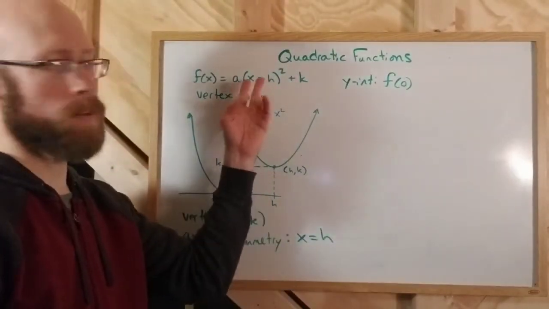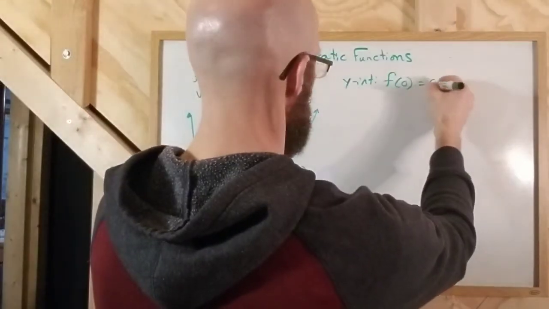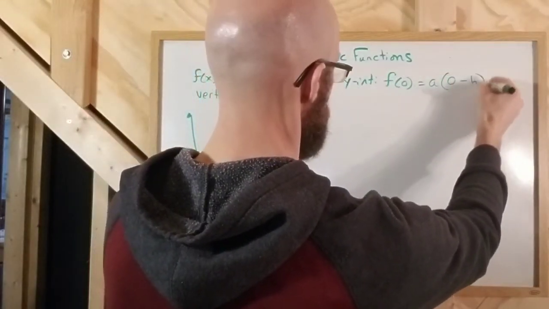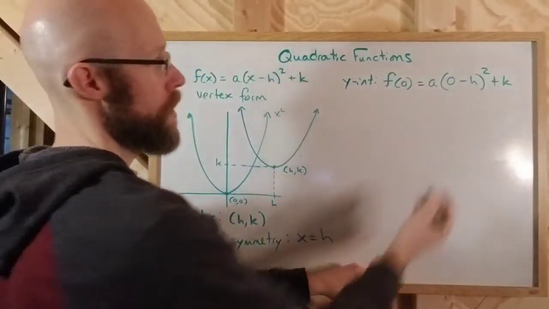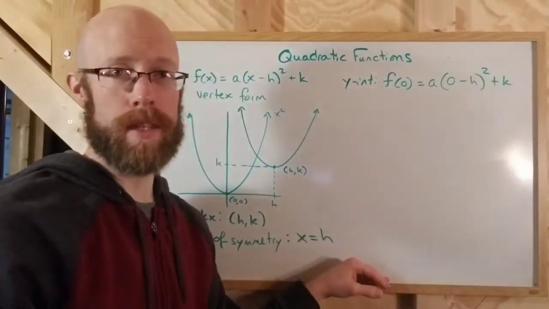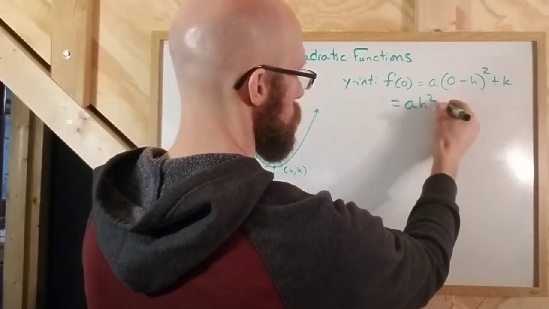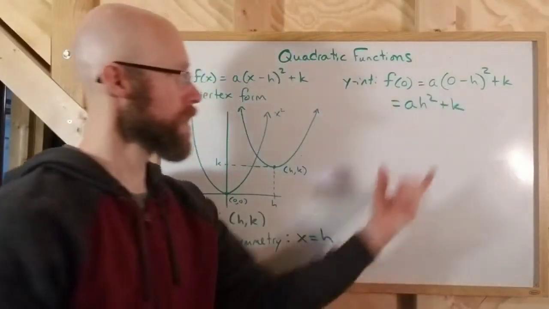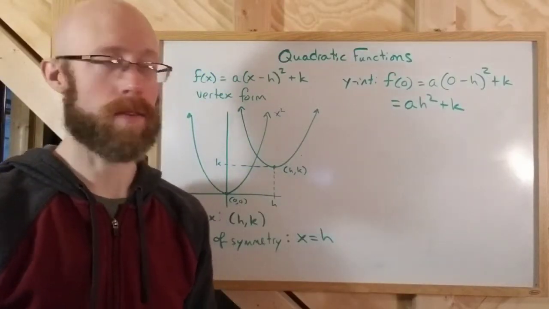Right? So if I were to evaluate this, think about how that would work out. That'd be a times (0 minus h) squared plus k. Well, negative h squared is the same as h squared. So this would be a h squared plus k. And whatever you get when you calculate that is going to be your y-intercept. Okay?